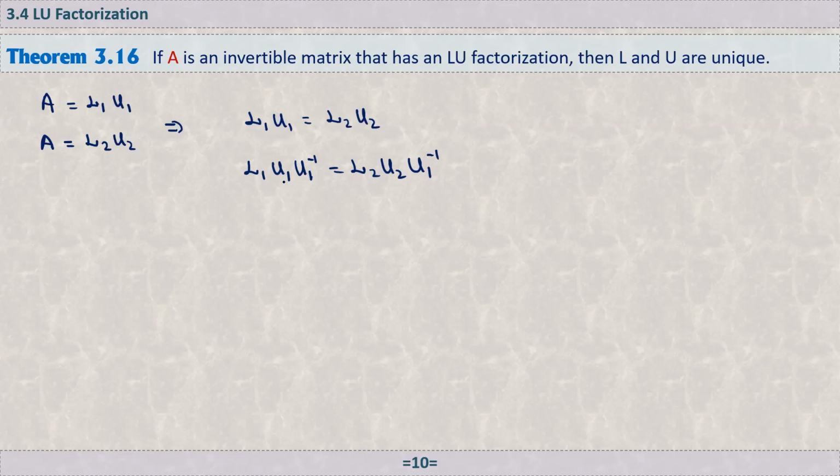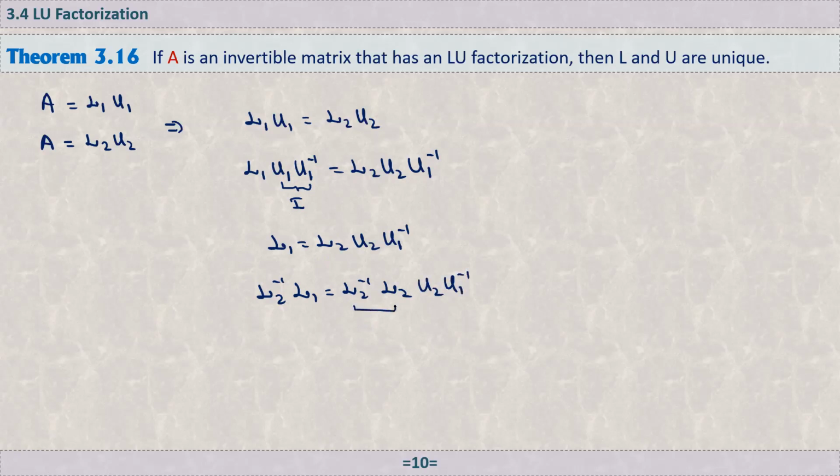That's equal to I. So here we have L1 equals L2 U2 U1 inverse. Now, let me multiply both sides by the inverse of L2 on the left. So what do we have here then? Here we have L2 inverse L1, and here we have L2 inverse L2 and U2 U1 inverse.